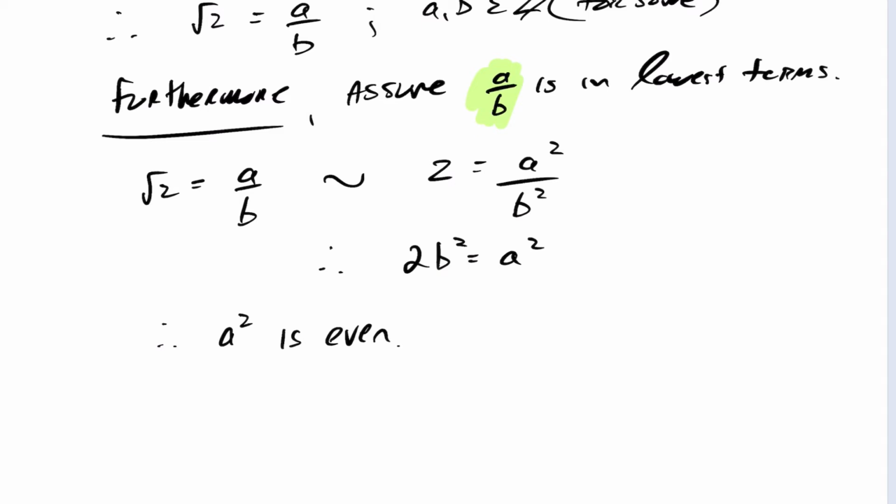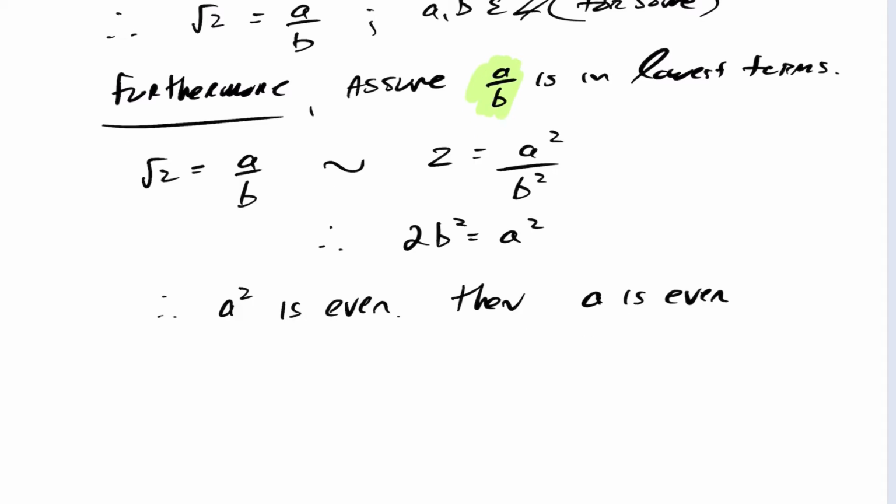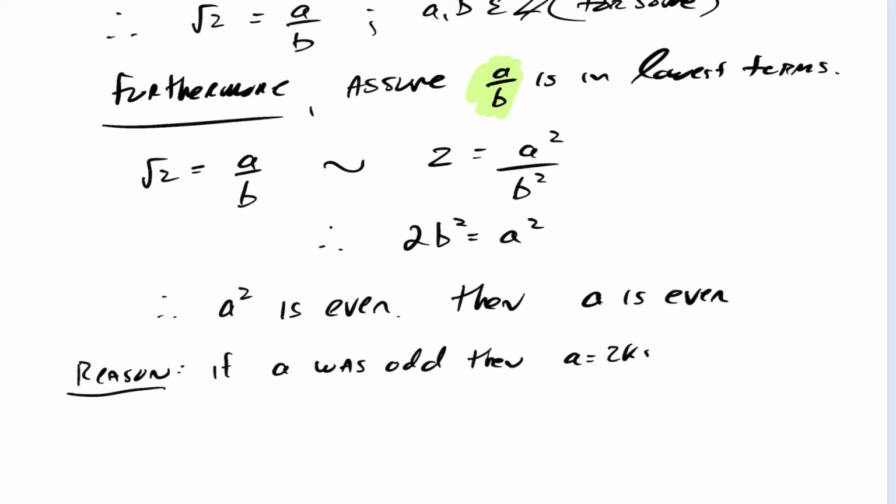Now, if a squared is even, then it must be the case that a is even. The reason for that, let's talk about why that has to be the case. If a was an odd number, if a wasn't even, either the number's even or odd, if a was an odd number, then a would equal 2k plus 1, again, for some integer k.